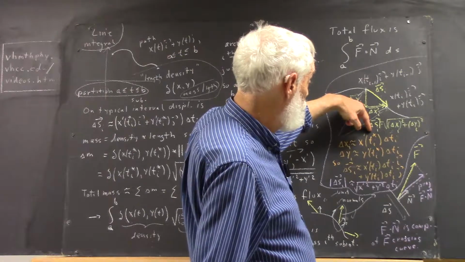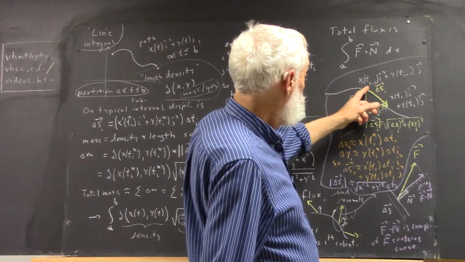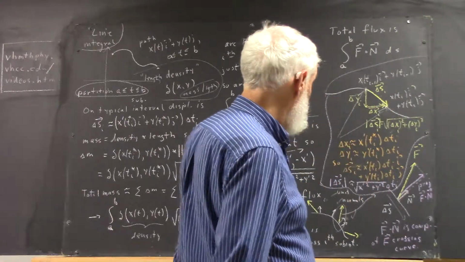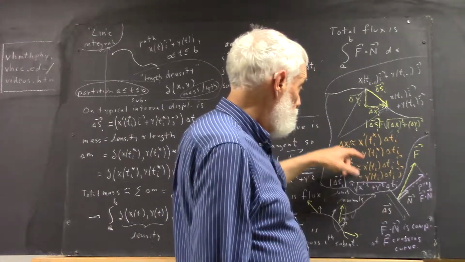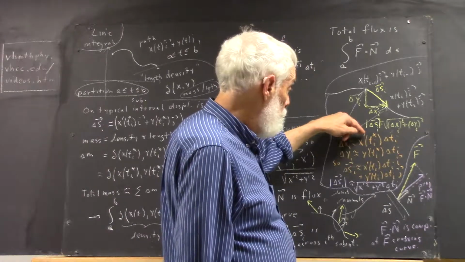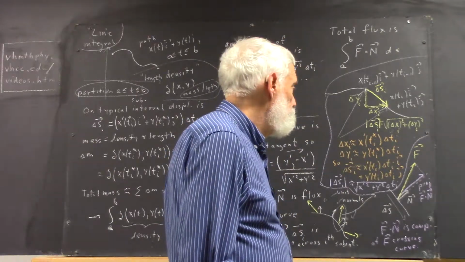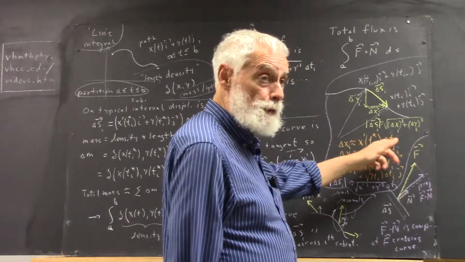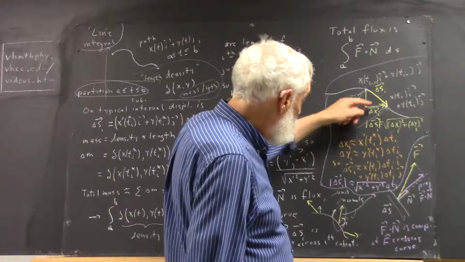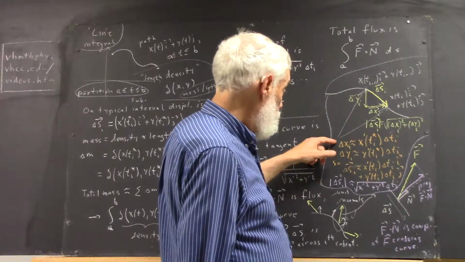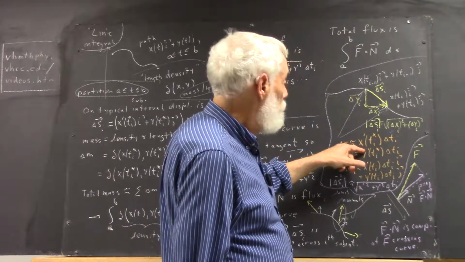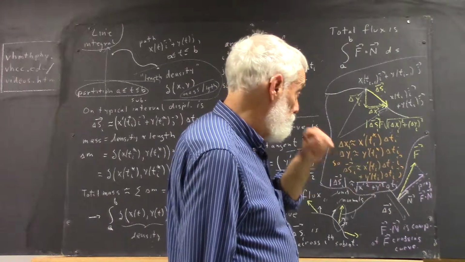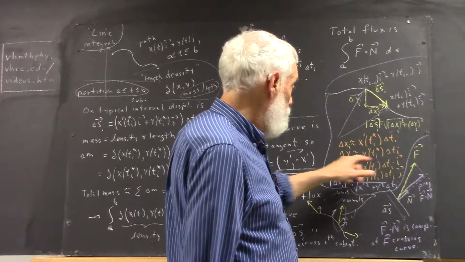Now t sub i star is just some value of t between the value that we have here and the value that we have here. So we just pick an arbitrary sample point and we take the derivative of x with respect to t and multiply that by our delta t. Well, that's just a differential approximation of the actual delta x sub i. So I say that delta x sub i is close to x prime at t sub i star multiplied by delta t sub i. And the same thing for y sub i.